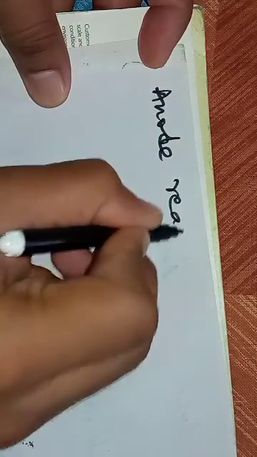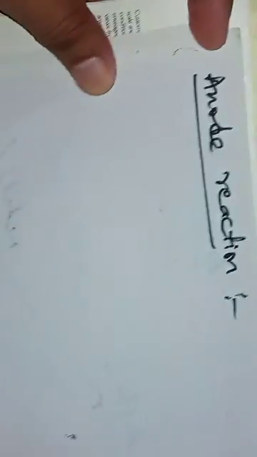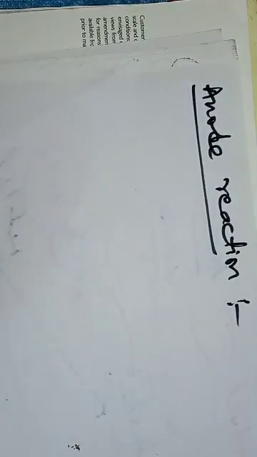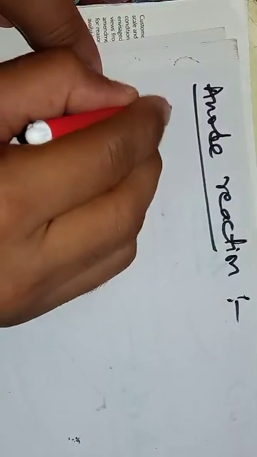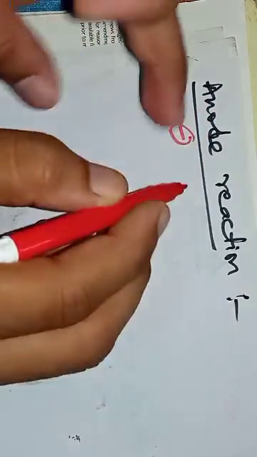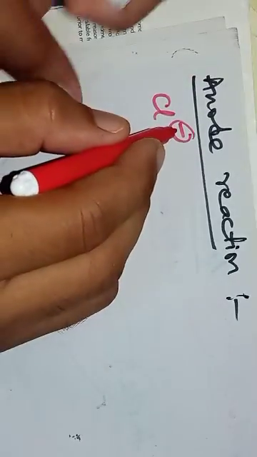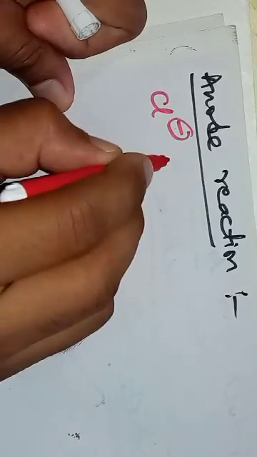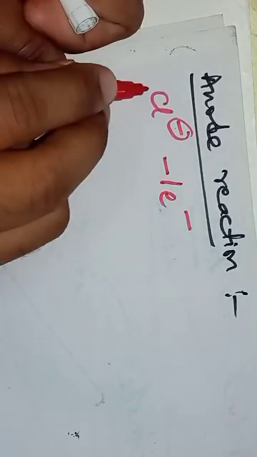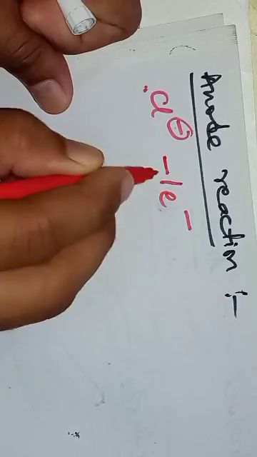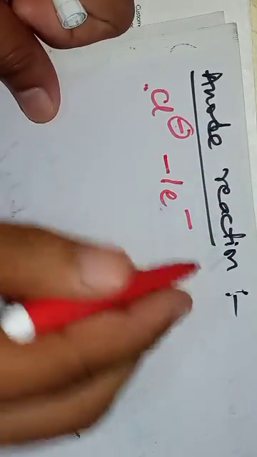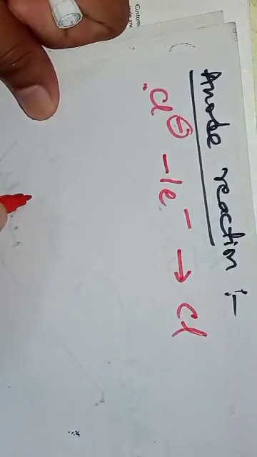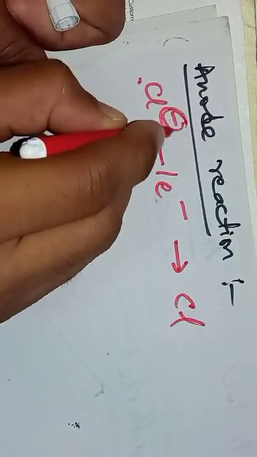The anode reaction. So what will happen? The anion, Cl minus, will move towards the anode, and the motive is to lose this negative charge, that is to get discharged, to become neutral. And how is it going to lose this charge? By losing an electron. So if this chlorine loses an electron, it will become a neutral atom, because it is having an excess negative charge.